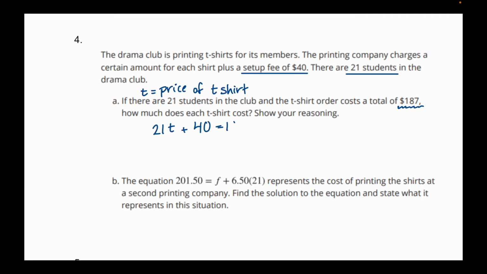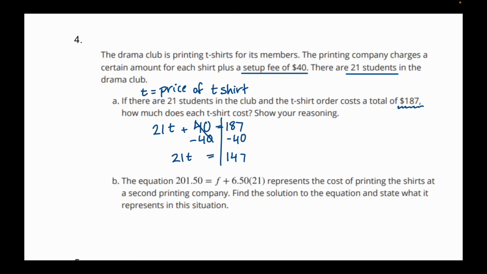That should equal 187. So all we're going to do is subtract 40 from both sides because we have to keep things fair. Whatever you do to one side, you have to do to the other. So 21t is going to equal 147.